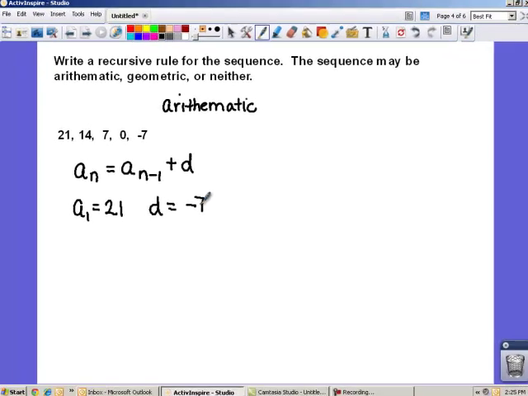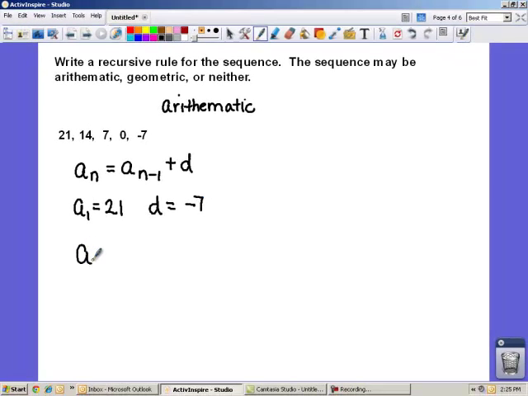So if we write our rule, we're going to give the person the rule by saying A sub n equals A n minus 1 minus 7, and then we also want to give the person what A sub 1 is, and that's going to be easy because it's 21.